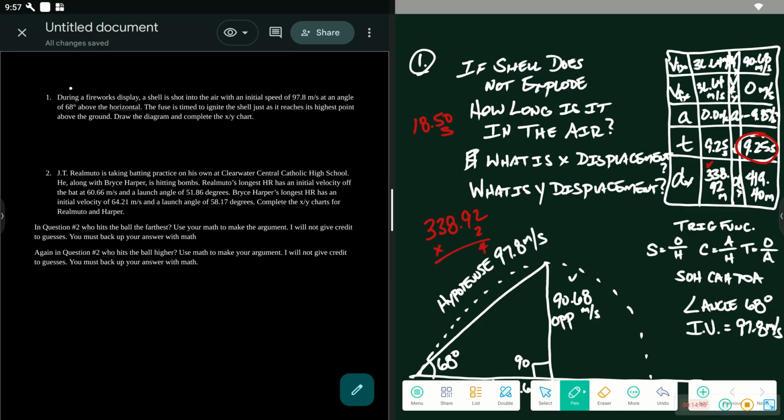So the displacement on the x-axis is 677.84 meters.